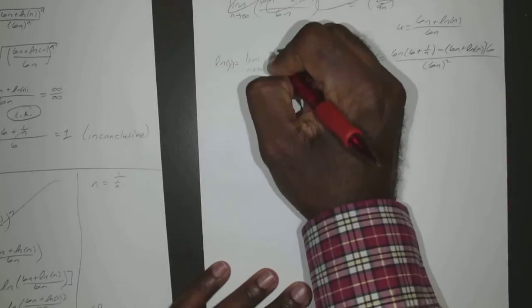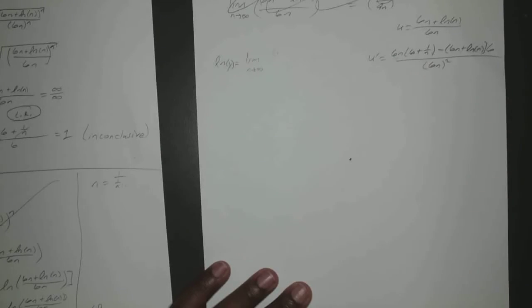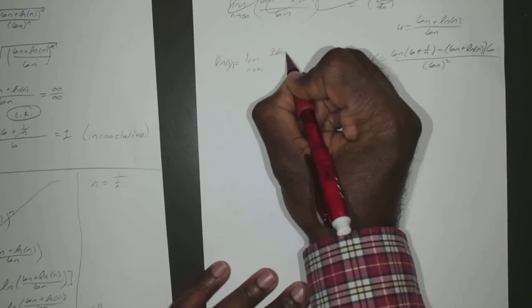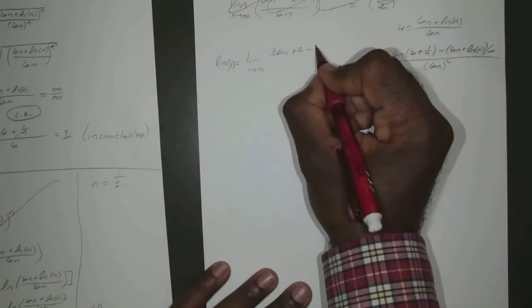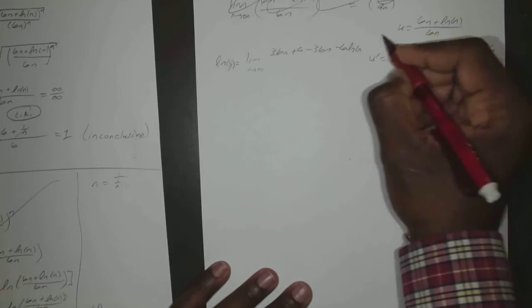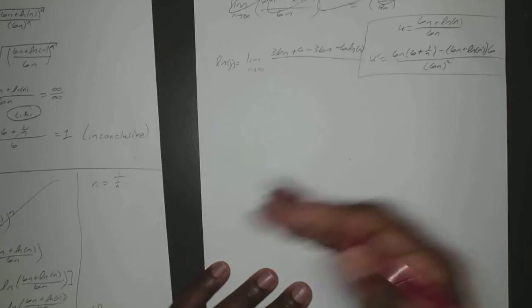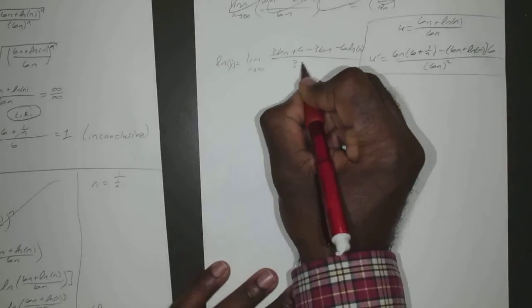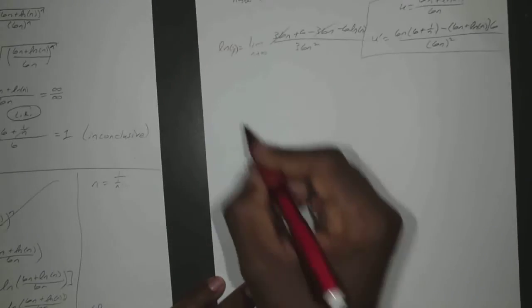I'll just go ahead and simplify it and make that 36n plus 6, minus 36n, minus 6 natural log of n, divided by 36n squared, where these two cancel each other out.